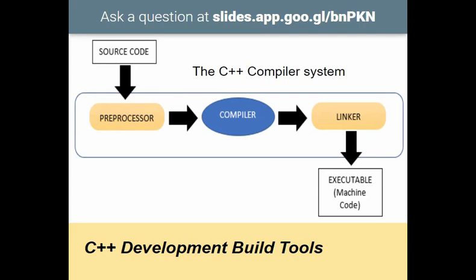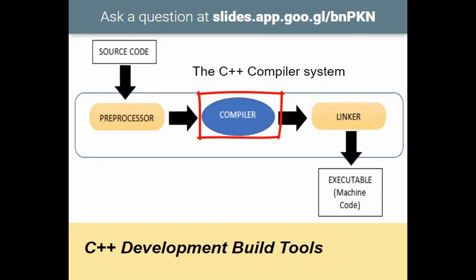The #define preprocessor creates a symbolic constant, which is called a macro, and this is the general form of the directive: the use of hashtag define, macro name, then the replacement text. So what exactly is a compiler here?